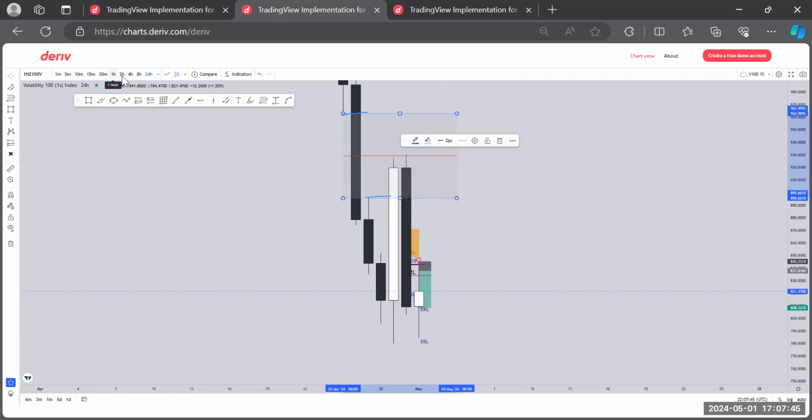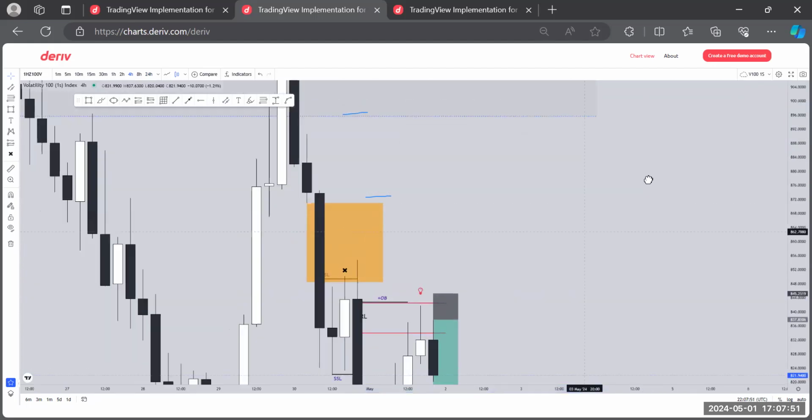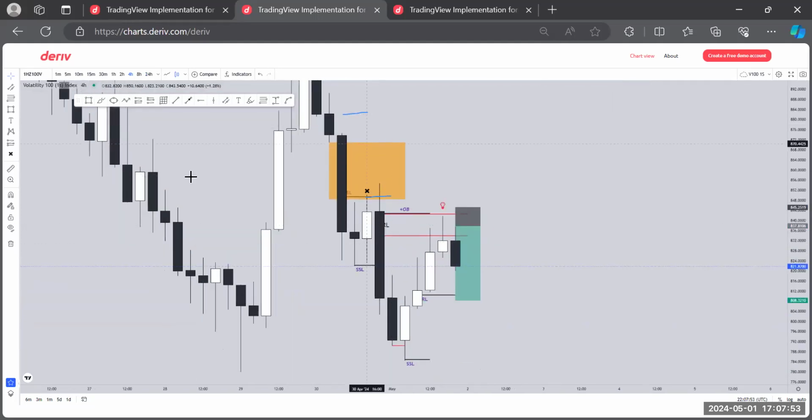So going down to 4R, in the 4R, you can see that the 4R also has given us this huge bearish sell side imbalance.